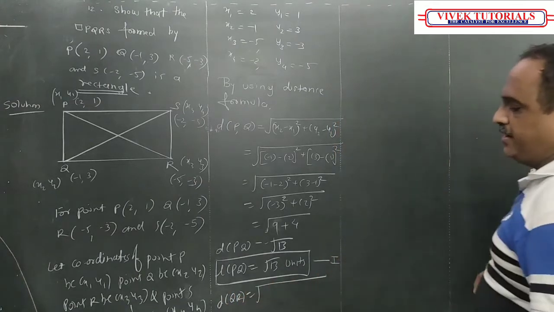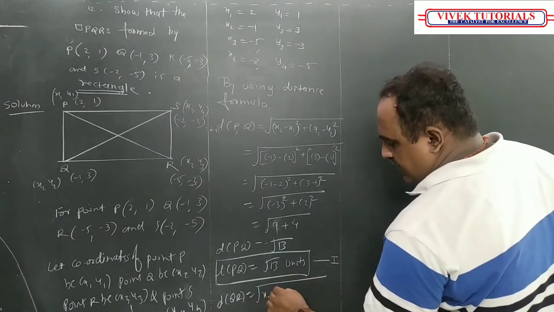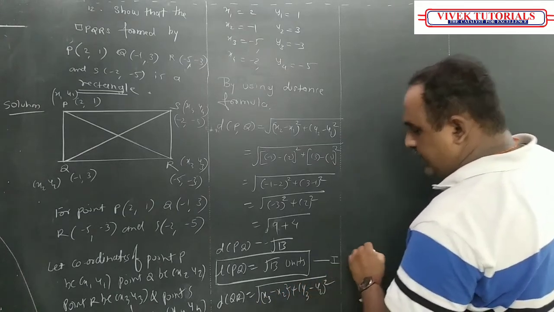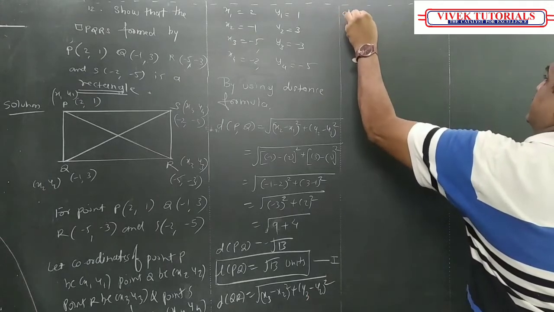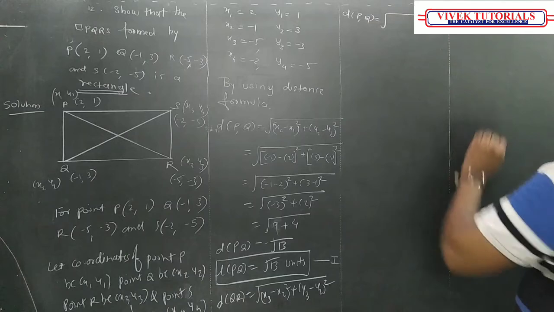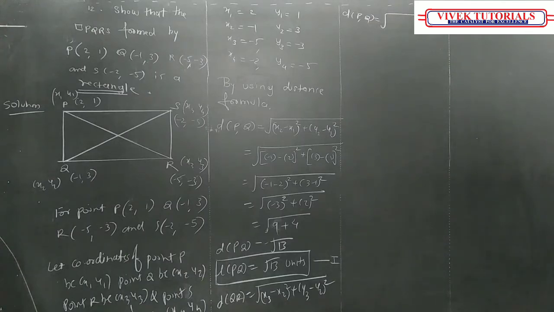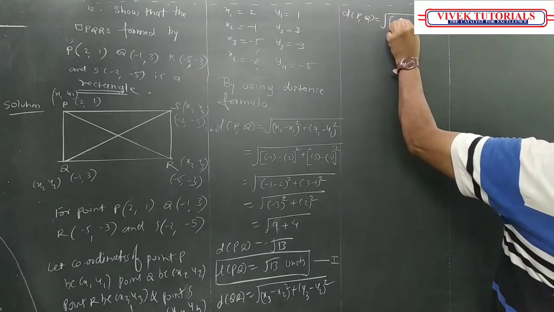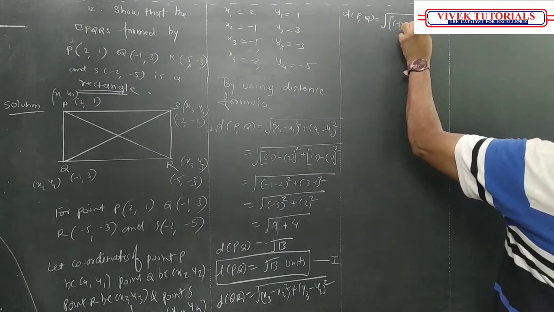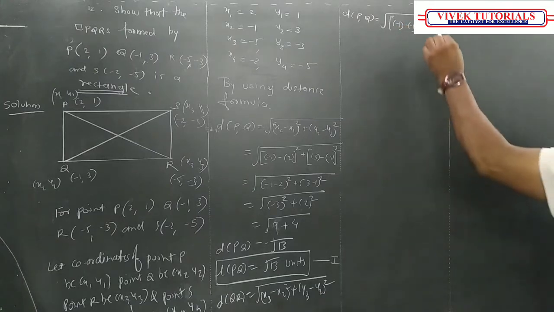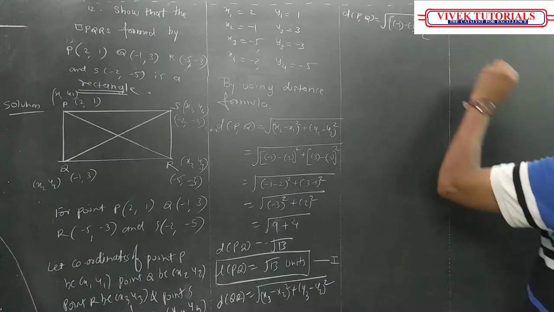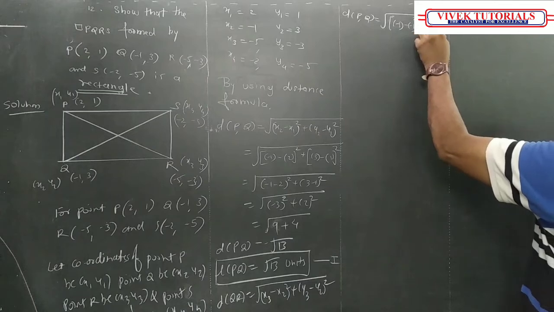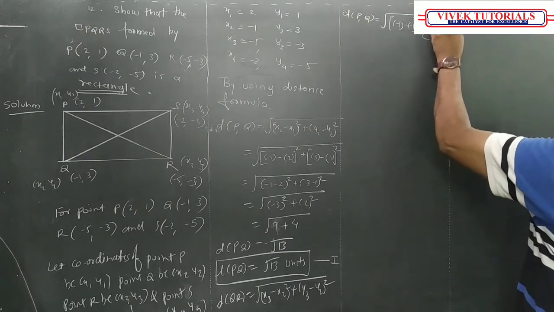Distance QR is under root (x3 minus x2) the whole square plus (y3 minus y2) the whole square. x3 is -5, so (-5 minus -1) the whole square plus (y3 is -3 minus 3) the whole square.